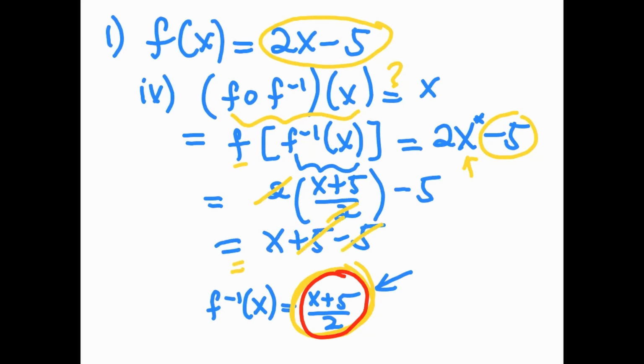So thereby, this is now equal to x. So meaning to say, this equation is true. We have just proven that indeed this f inverse of x would take this expression, x plus 5 all over 2.